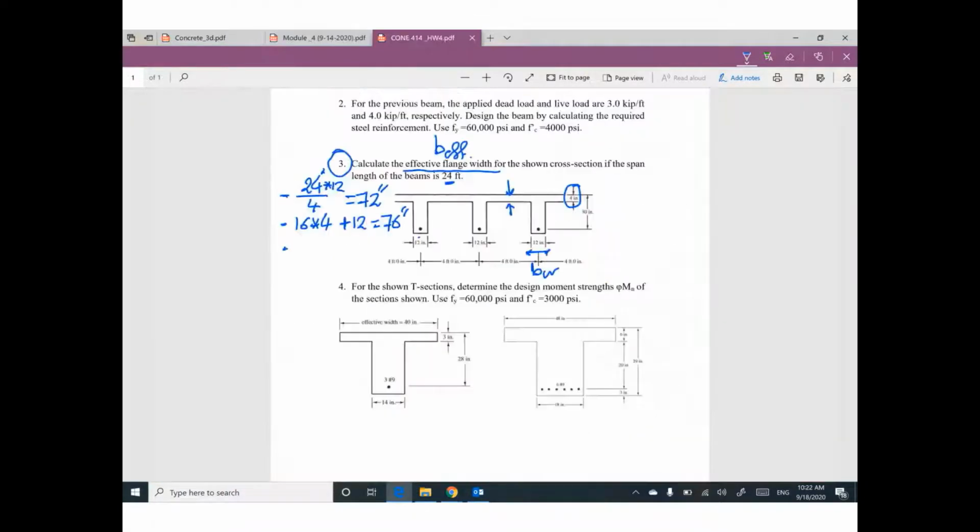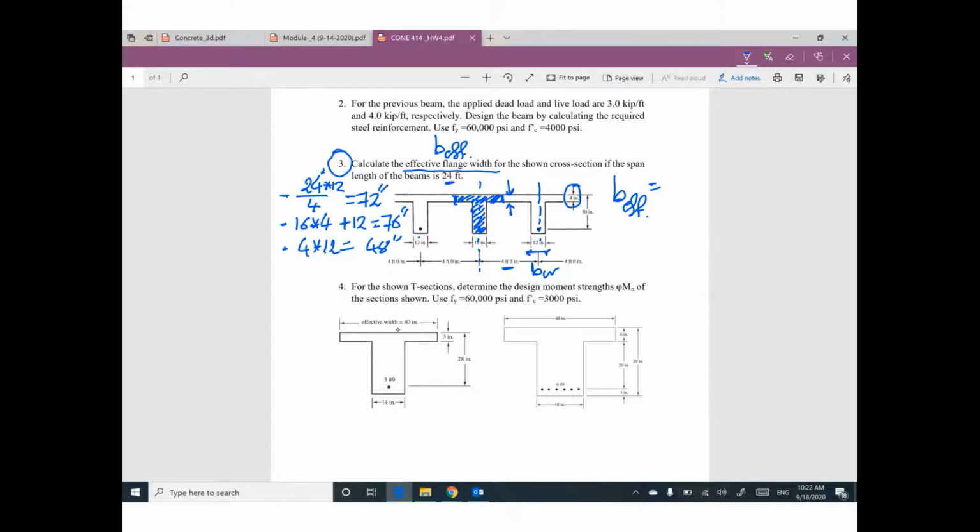What is the distance between this center line and this center line? 4 feet 0 inch. So 4 feet times 12, how much? 48. So the final decision: B effective for this T-section. This web with part of the slab will make the T-section.